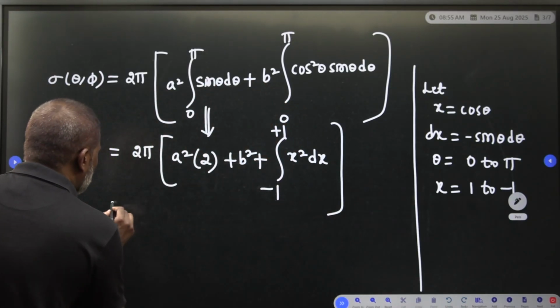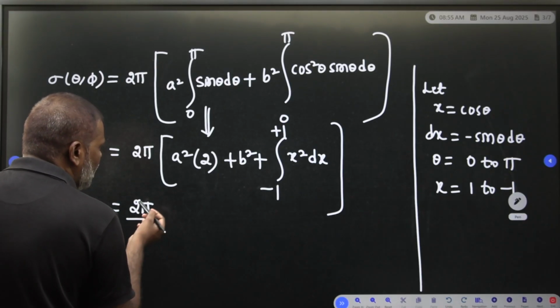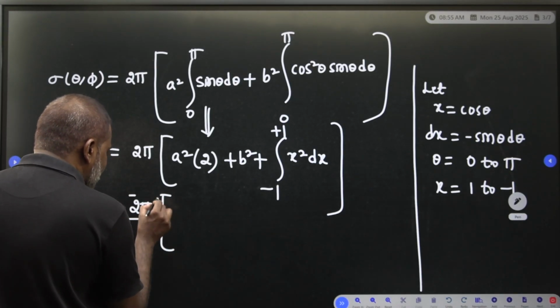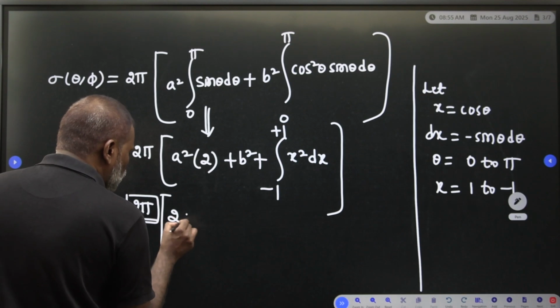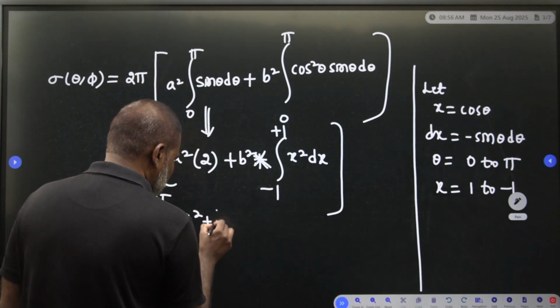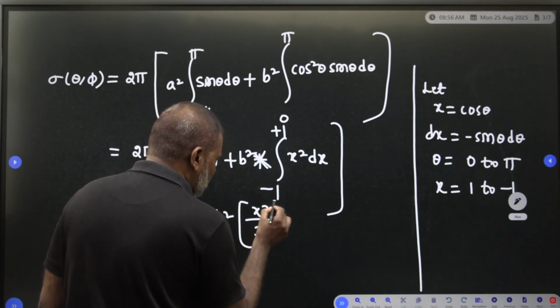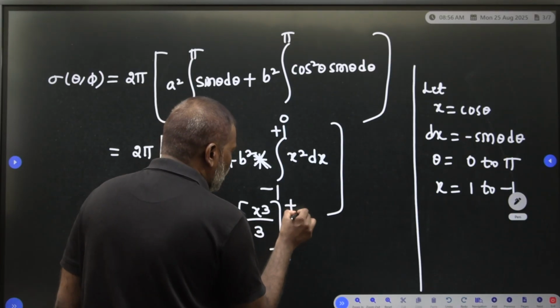So therefore 25 into (2a square plus b square), where b square into x cube divided by 3, from minus 1 to plus 1.